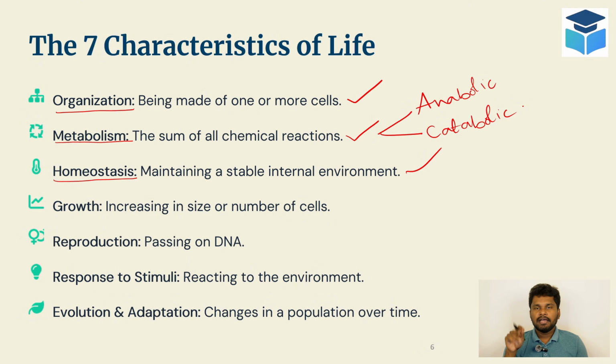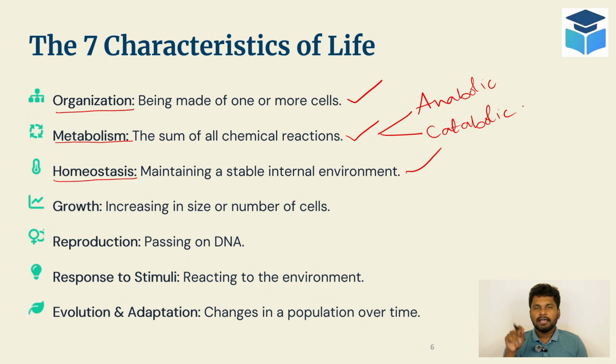Cells of the same type or different types may form tissues. Tissues of different types form an organ. Organs of different types form organ systems. Different types of organ systems form an organism. This is how the organization in living organisms goes on.